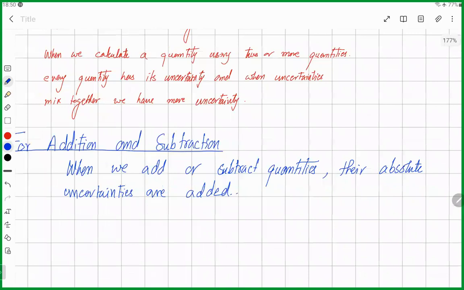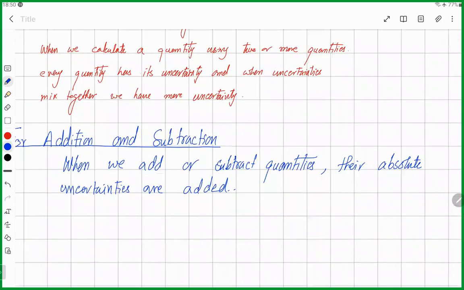So this is very important for you to see over here. When we add or subtract quantities, their absolute uncertainties are always added.